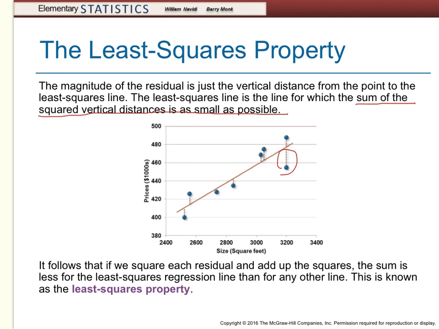It follows that if we square each residual and add up the squares, the sum is the least for the least squares regression line than for any other line. This is known as the least squares property, and that is considered the best fit line.